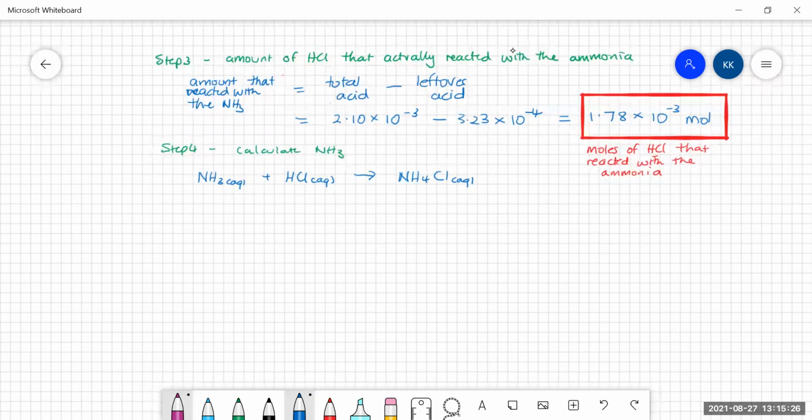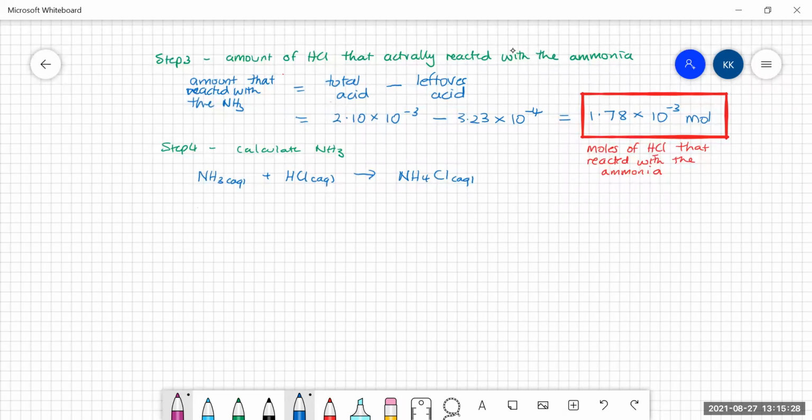All right, we know our moles of hydrochloric acid, but we need to know our moles of ammonia. So doing our mole ratio, our mole ratio is 1 to 1, and therefore our moles of ammonia is equal to our moles of hydrochloric acid, which is equal to 1.78 times 10 to the minus 3 moles.